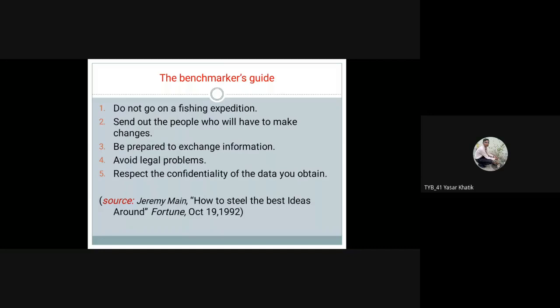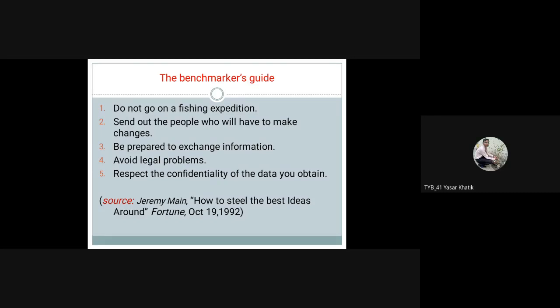Okay, so these are some 4 to 5 common guidelines for benchmarking. There are a lot of things to consider while doing benchmarking. Like for any product, we have to make one simple manual of guidelines for that product. Like this, we have to make one simple manual for benchmarking.